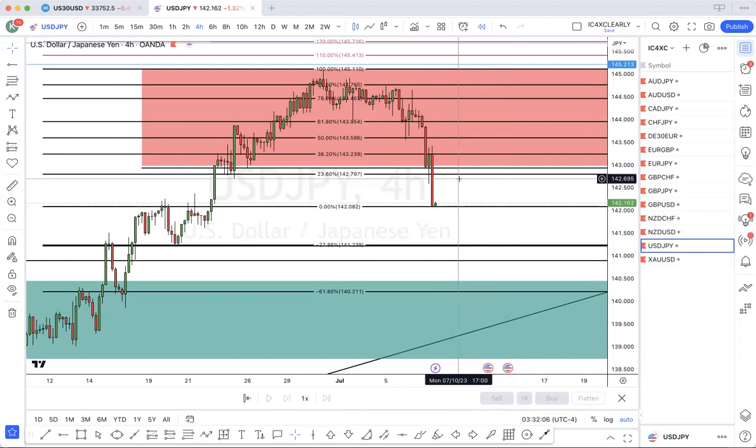But I would definitely expect a pullback. I would set an alert at the 23.6. Watch price as it pulls up. Look for breaks of structure to the downside, and then get in for the sell to the negative 27.